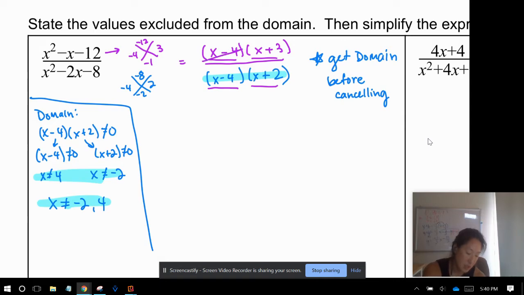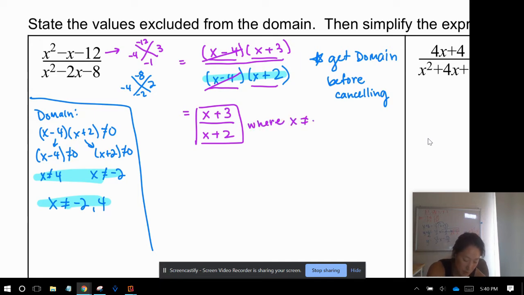So I can cancel out the x minus 4 and the x minus 4. We're looking for the exact copy from the numerator and the denominator to cancel. So this rational expression simplifies to x plus 3 over x plus 2, where x cannot equal negative 2 or 4.